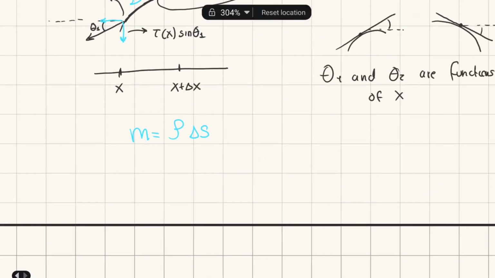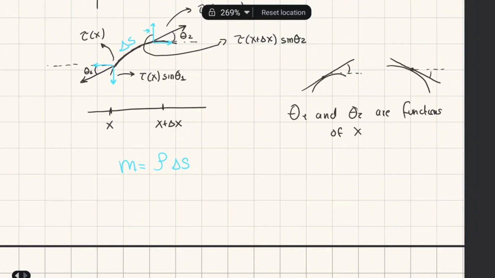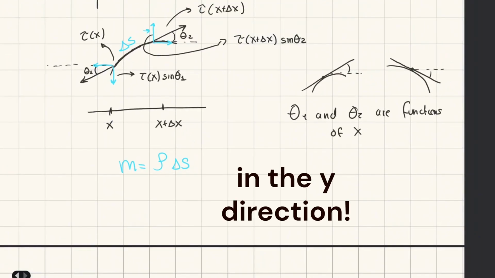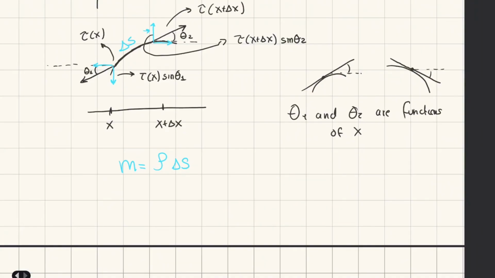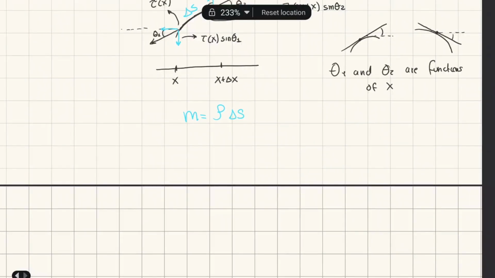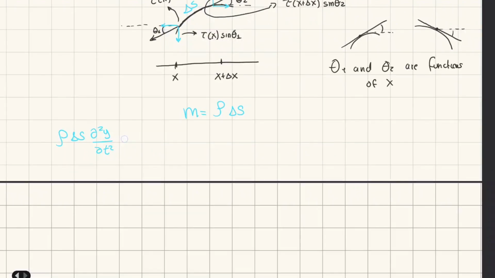Okay, perfect. Remember that we mentioned that we were only going to study the motion in the y direction, so we are interested in the acceleration in the y direction. If we consider Newton's second law, we will have that the mass, which is rho delta s, times the acceleration, which will be the second derivative of y with respect to time, of course, will be equal to the sum of the forces in the y direction.